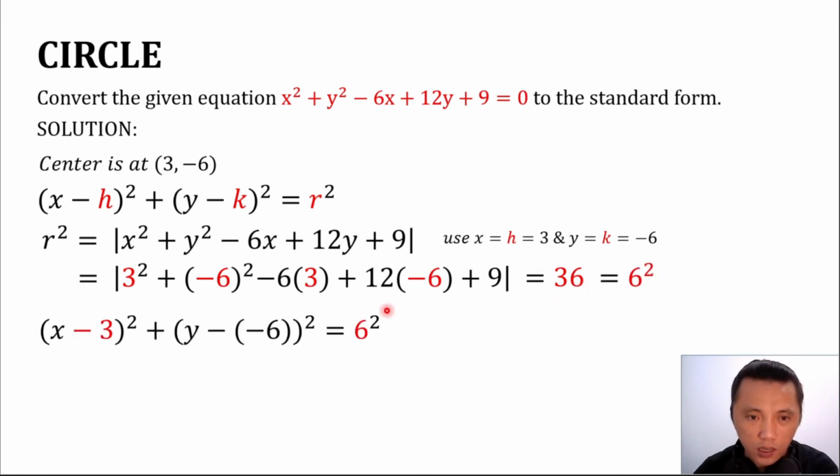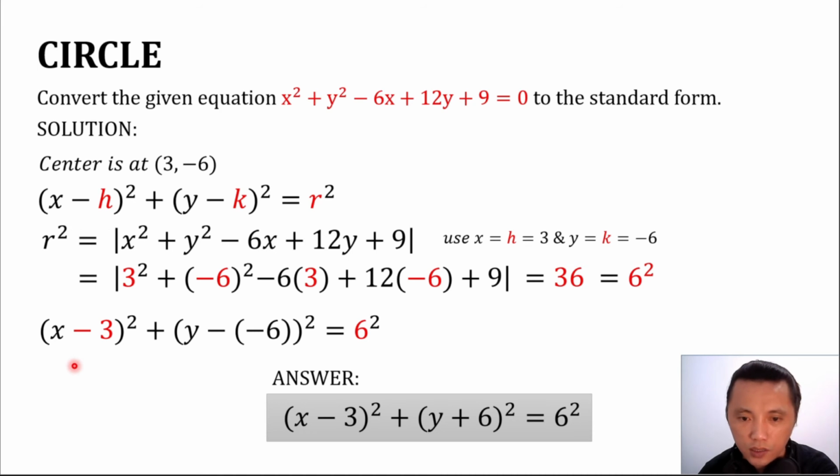So substitute the values of h, k, and r. We have the answer as (x − 3)² + (y + 6)² = 36, or 6 squared. I just emphasized 6 squared here for the value of r. So this is the simplified approach on converting a given general equation to the standard form.